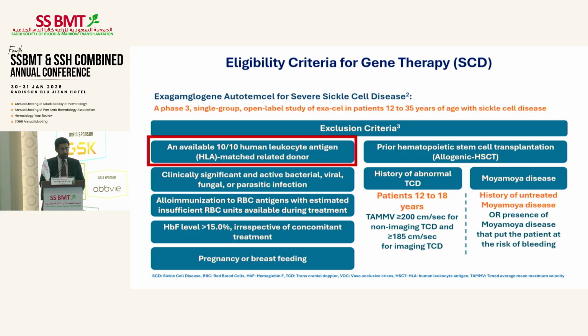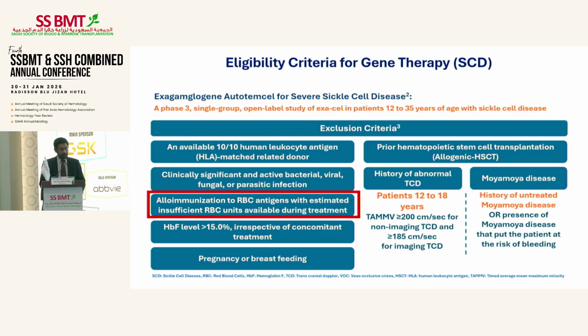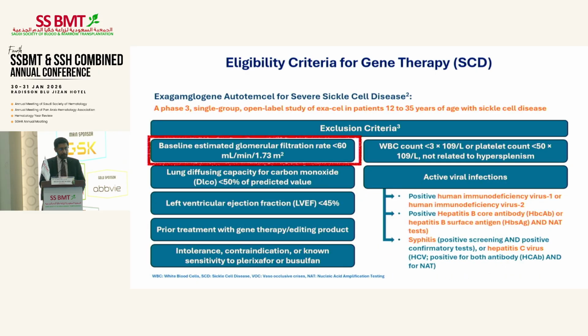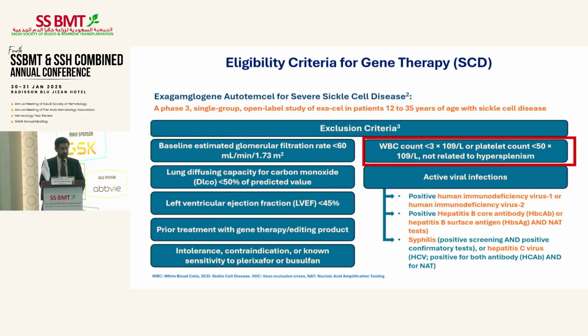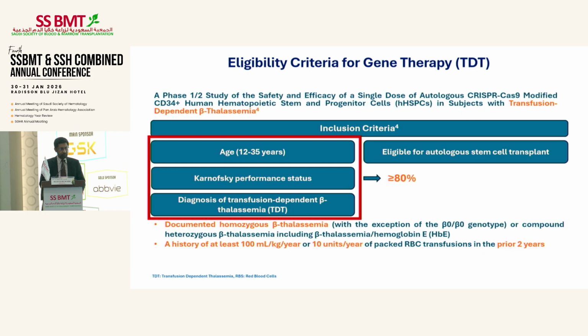The trial included patients who did not have HLA-matched siblings, and patients who had alloimmunization and did not have blood available were excluded from the gene therapy trials. They also excluded patients with renal impairment, poor lung function and lower ejection fraction.